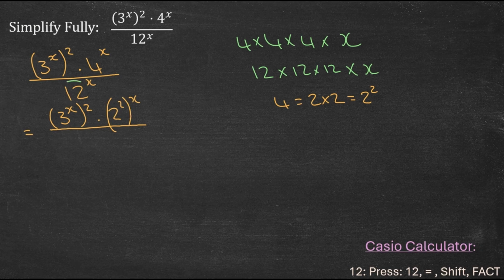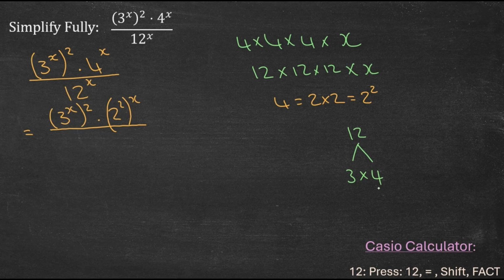Now let's look at the 12 in the denominator. 12 is not a prime number, so we need to rewrite it using prime bases. And to find the prime factors of 12, we break down the 12 into smaller factors until only prime numbers are left. For example, 12 is equal to 3 times 4. Now, this 3 is already a prime number, so we leave it as 3, but this 4 is not a prime number.